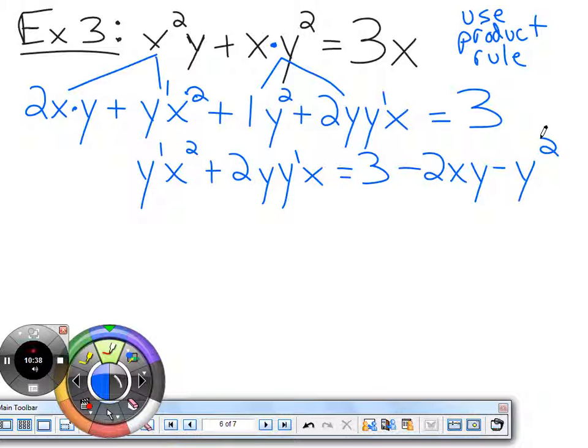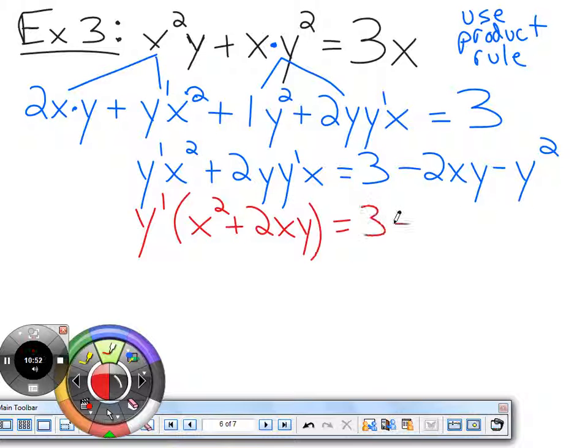And notice we've got the y primes here, so I'm going to factor it out of the left hand side. So that would be x squared plus 2xy or yx. And on the right side, I'm going to just leave that alone.